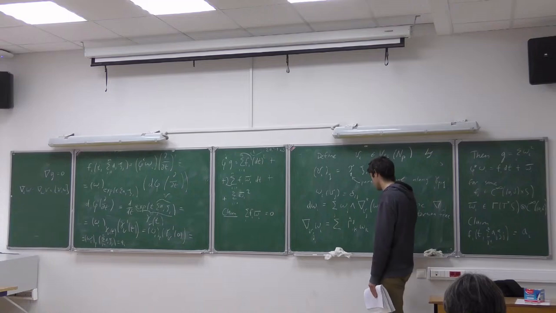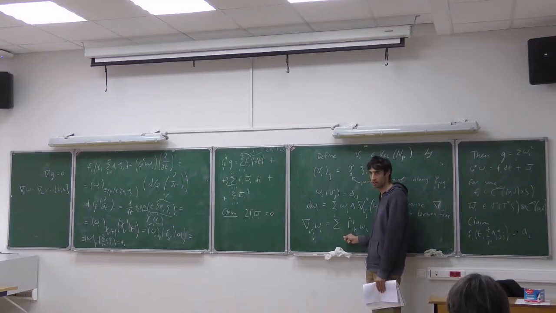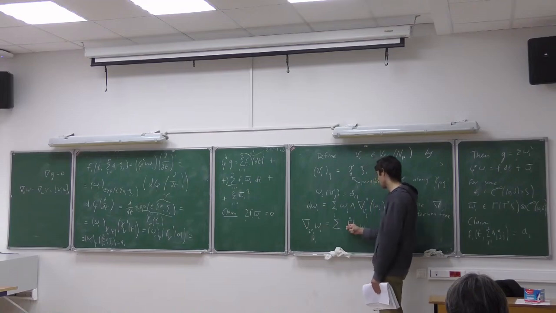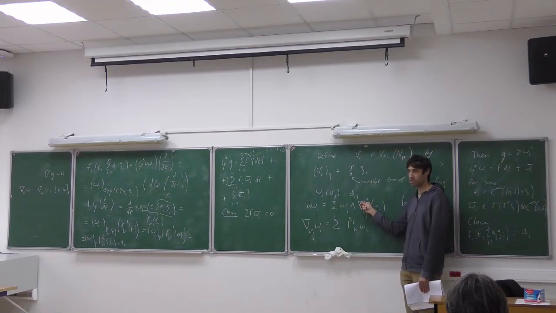I mean, this is just the definition of Christoffel symbols. That's how we define it. We take a basis of sections and write down nabla in this basis of sections. And so this is just the Christoffel symbols for nabla star.